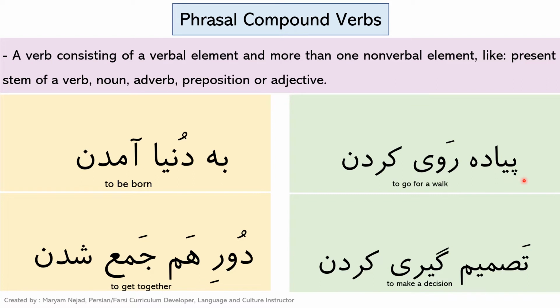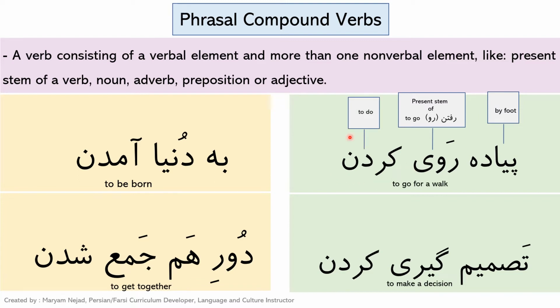So here the verb is پیاده روی کردن. پیاده means by foot. روی or رو is the present stem of the verb رفتن, to go. We just add an E to it. And then the verbal element کردن, which means to do. So when these elements are put next to each other, it constructs a verb and it means to go for a walk. پیاده روی کردن.